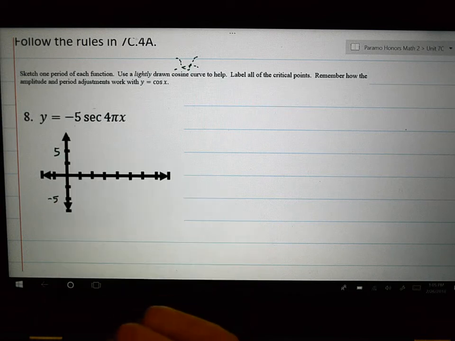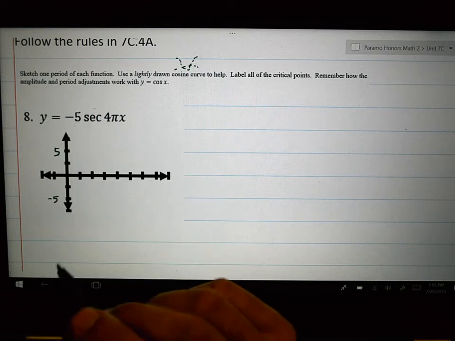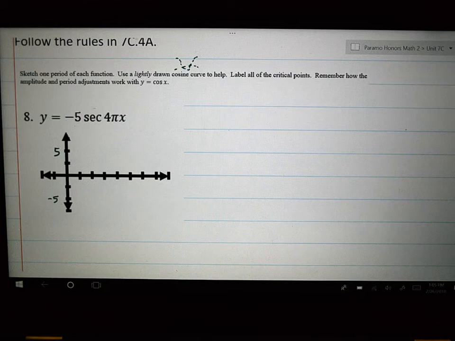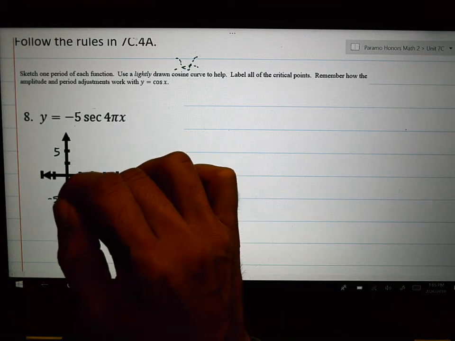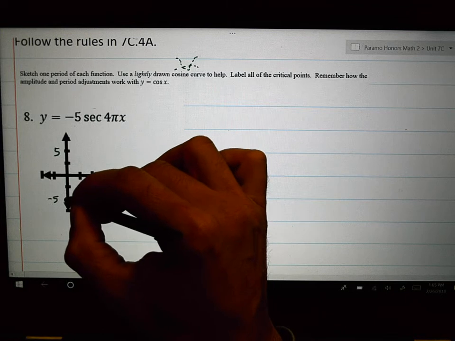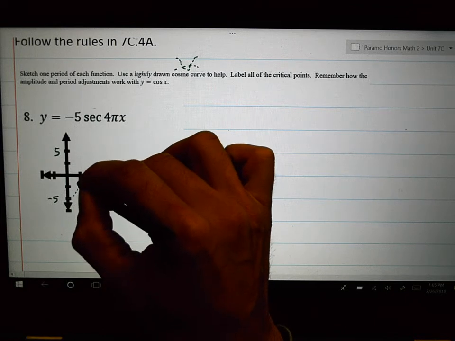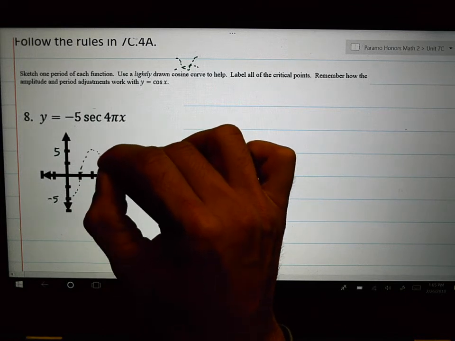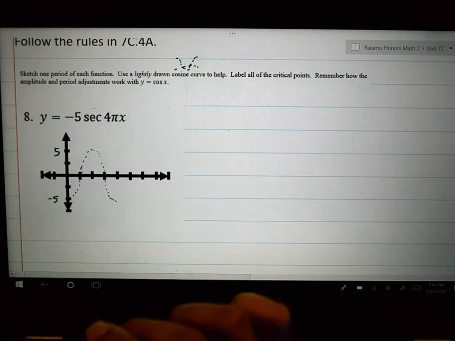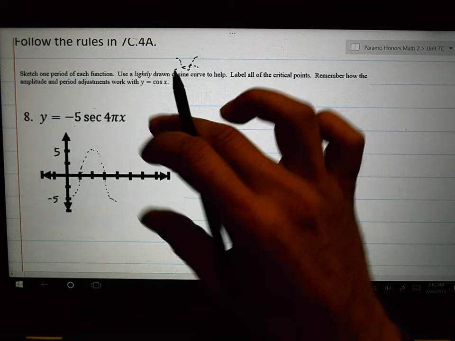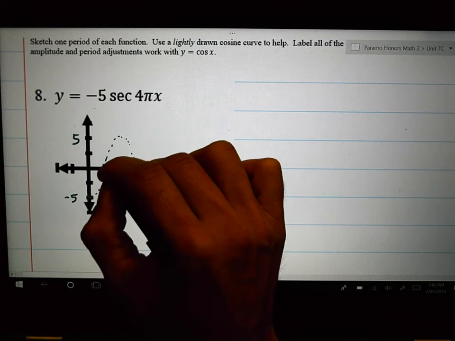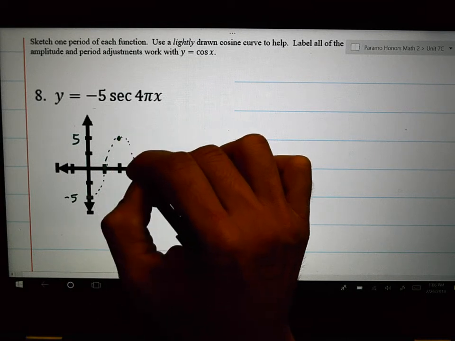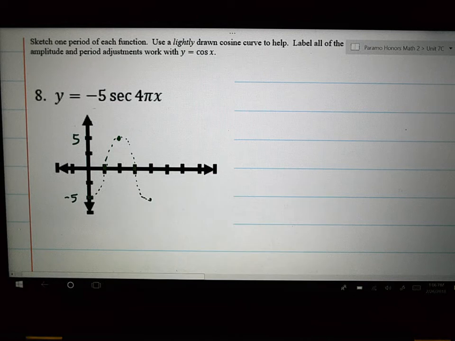And this is a -5, so because secant is dealing with the cosine, I automatically know that my amplitude starts at the negative value down here. As I taught you a long time ago, it goes extrema, midline, extrema, midline, extrema. That's what the cosine graph would look like.